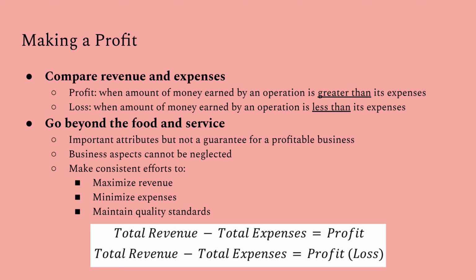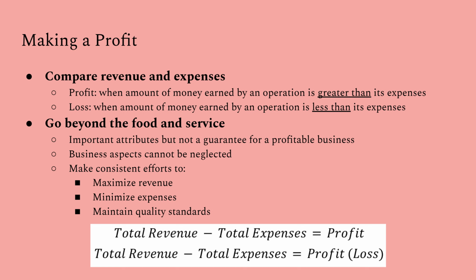The revenue is the money that is coming into the restaurant. Expenses are everything that we pay to actually do the business that we have. When we see a profit, that means that the amount of money earned by the operation is greater than its expenses. And when we see a loss, that's when the money earned by an operation is less than its expenses. So you never want to be paying more to do business than you are receiving from customers.